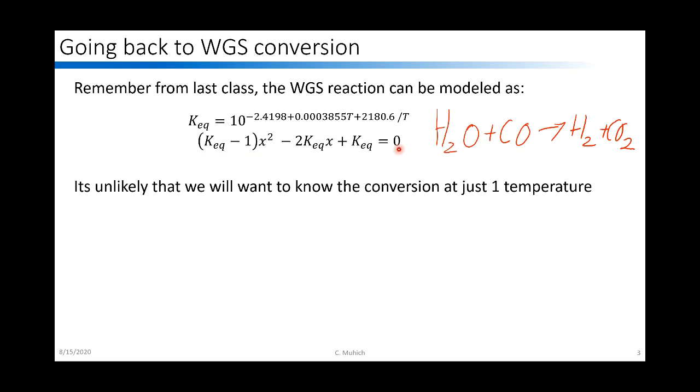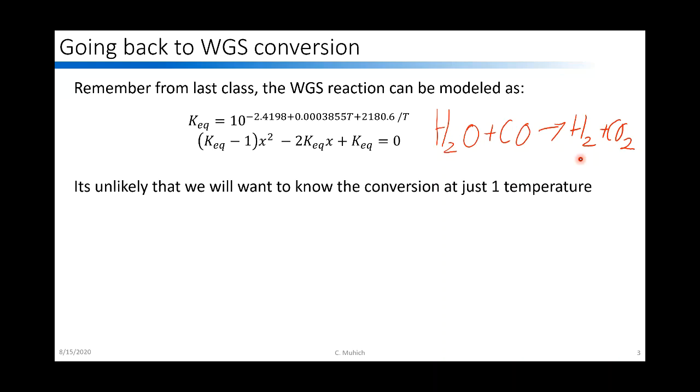Previously we built that MATLAB program that was going to take in a temperature and give us how much yield we would expect, so how much product we should expect to get. But it's unlikely that we're interested in knowing the conversion at only one temperature, right? That might be useful if we said, okay, I'm going to run a process at 500 degrees C, what is the yield that I expect?